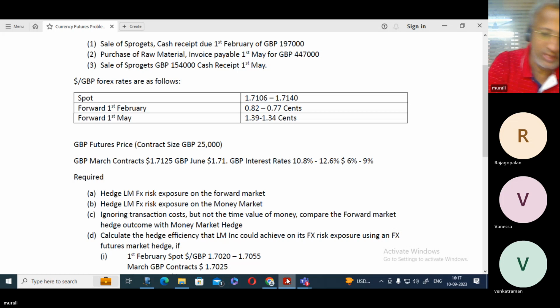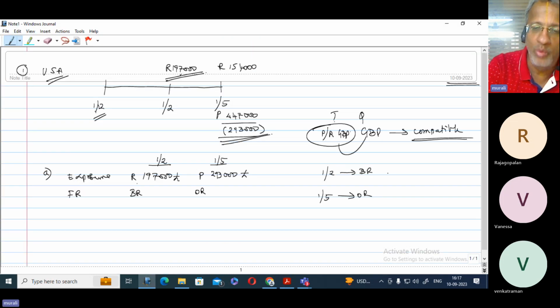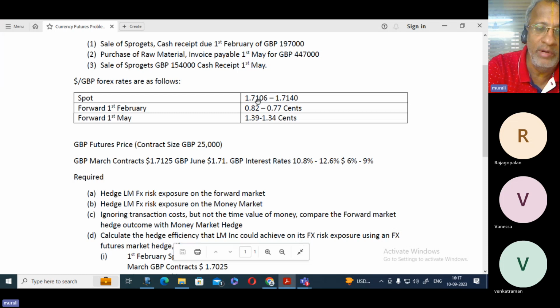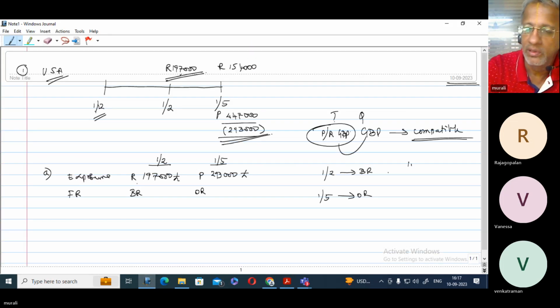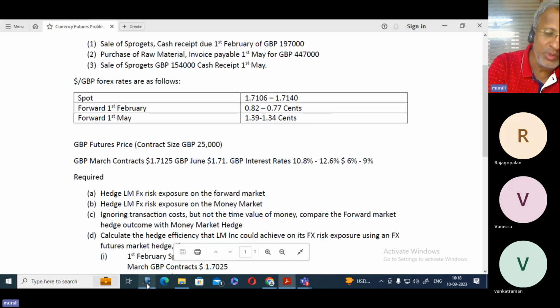Right. So I want, on this particular date, the bid rate 1.706 and 0.82 cents. 100 cents will make $1, and here what they mentioned is 0.82 cents.